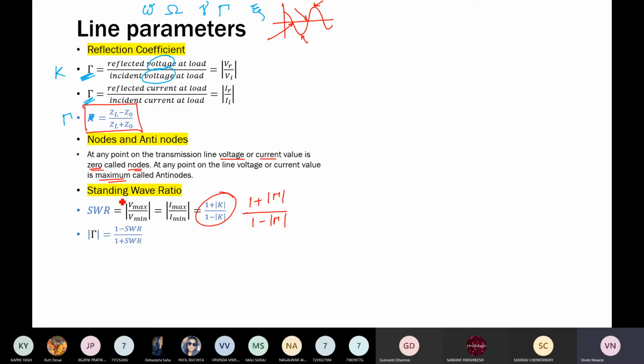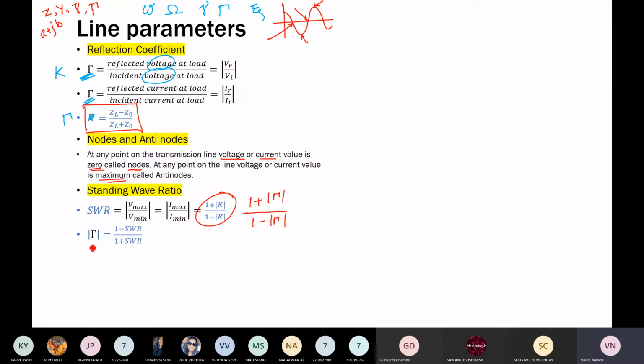Then gamma itself, do remember that Z, Y, gamma, all these are complex quantities. They have a representation a plus jb.